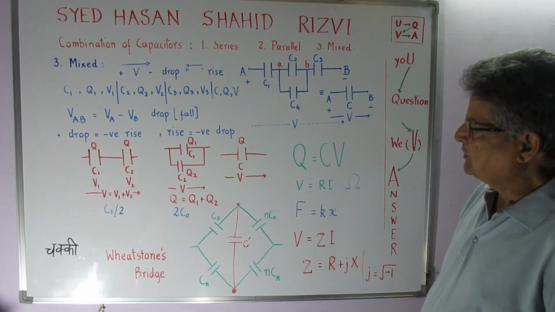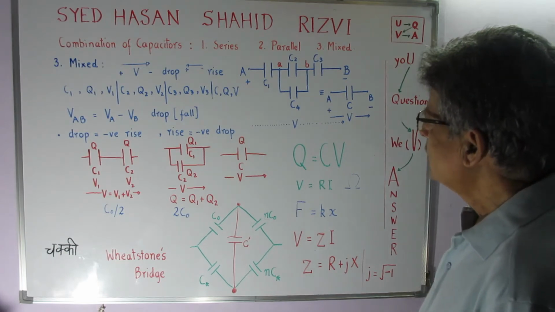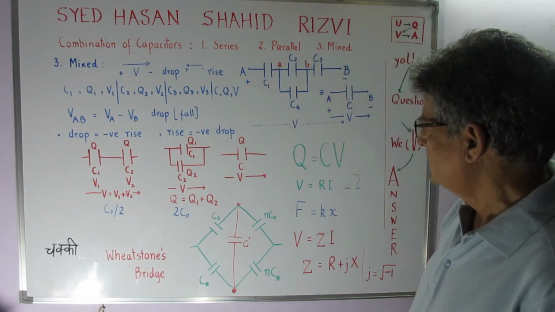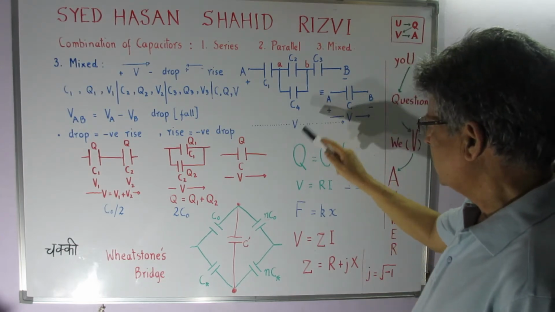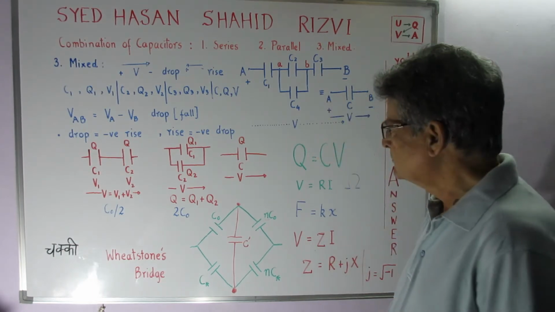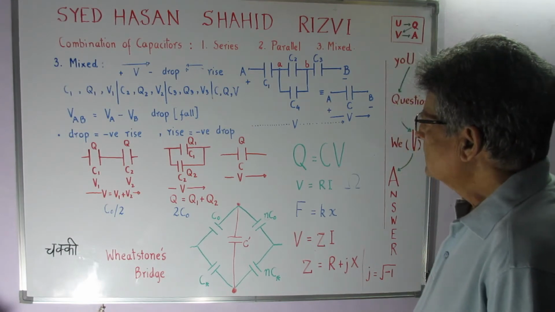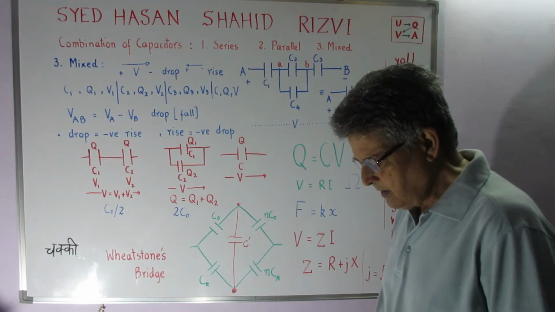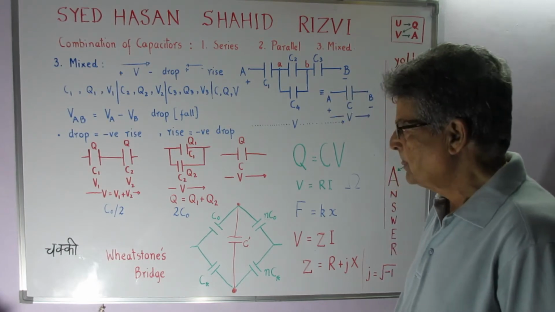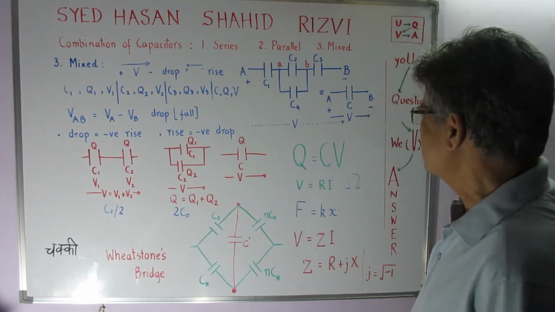Now we can subject it to a potential difference which I can obtain, and I can vary also, doesn't matter, with the help of a cell or a battery of cells, whatever, doesn't matter.